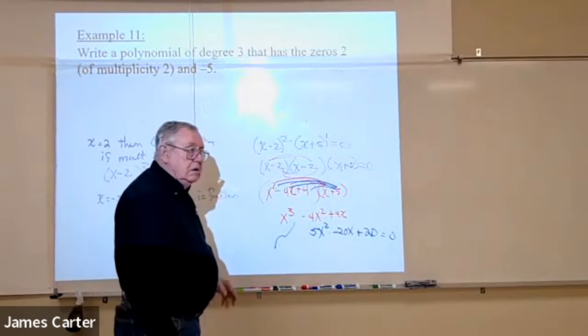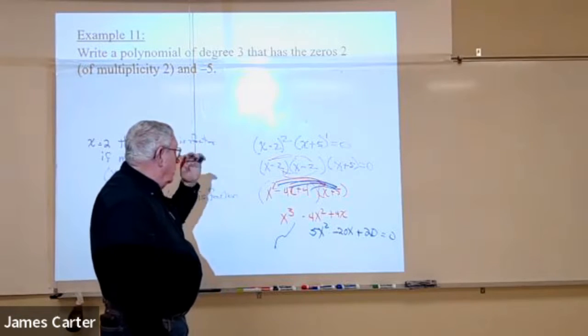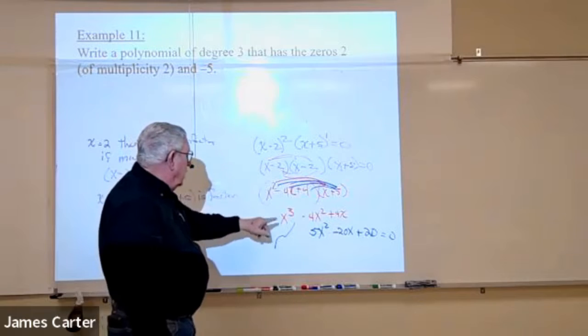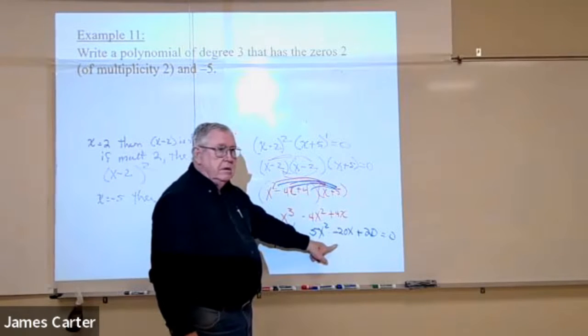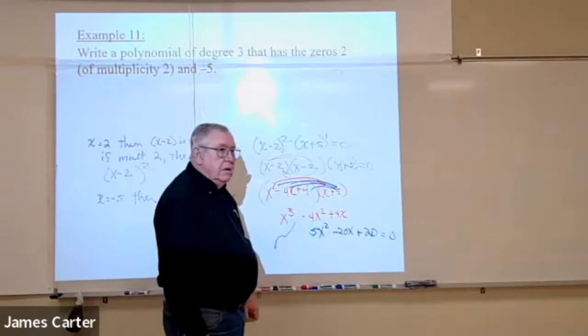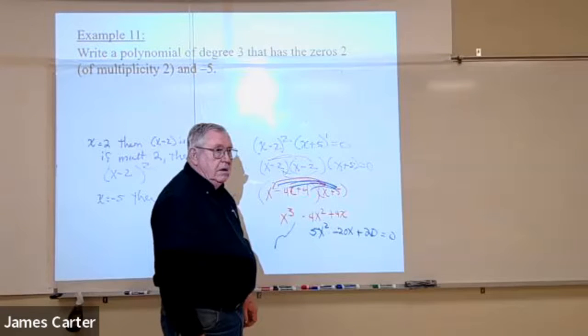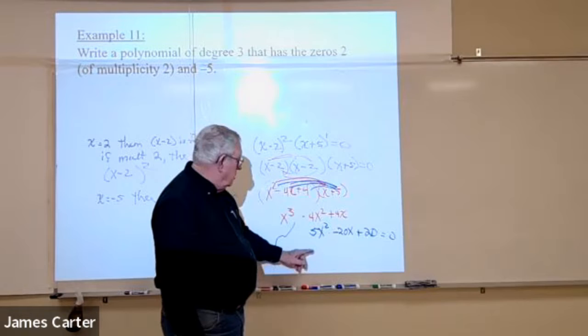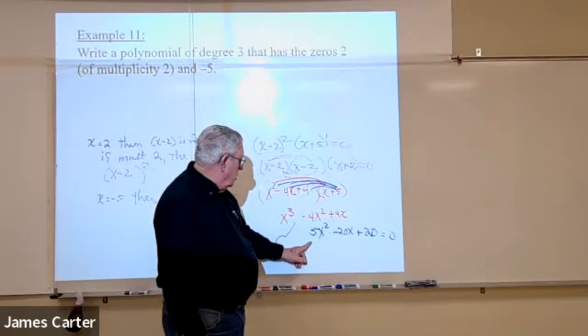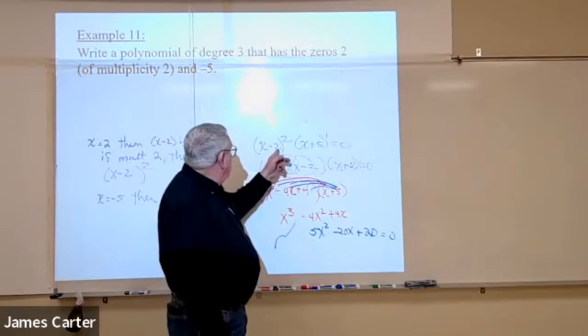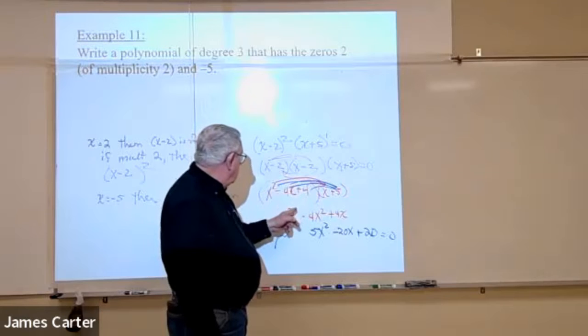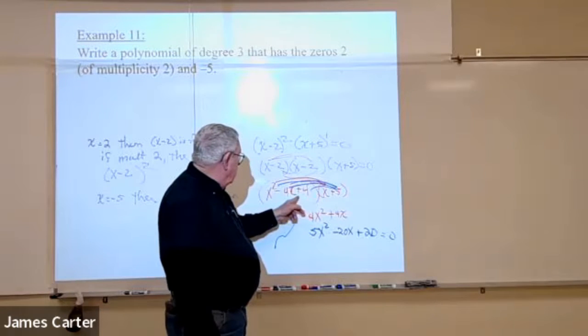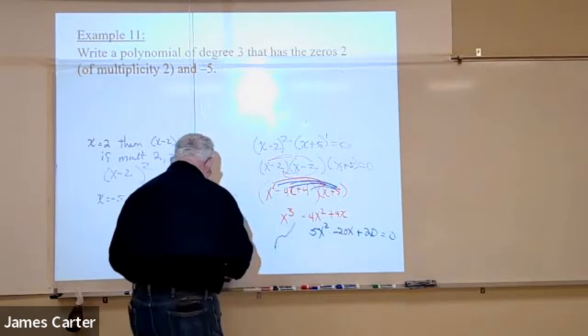Yes. The 5x squared, minus 20x, plus 20. Yeah, that correlates with the blue lines. I was writing it down when we were doing that. Okay. So the x plus 5 times x squared minus 4x plus 4. You just want me to walk through how I got that? Yeah. Okay.